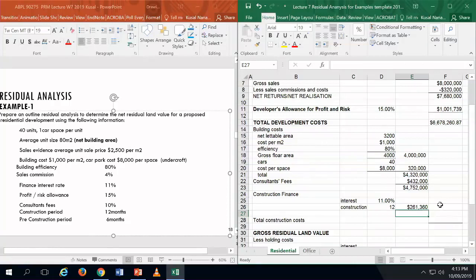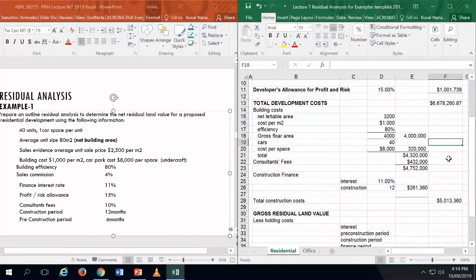So the total construction cost is $5,113,360. Now we have calculated the total development cost, and we just calculated the total construction cost.